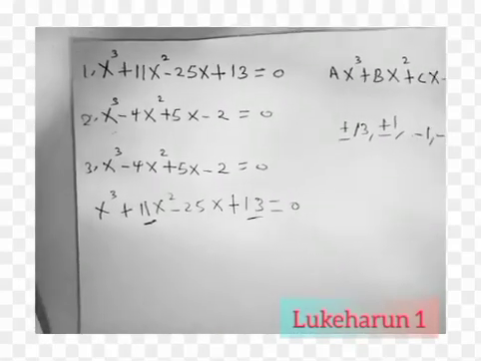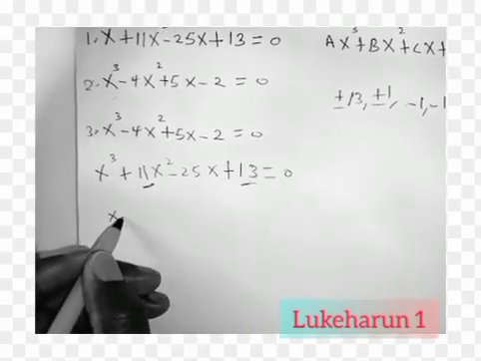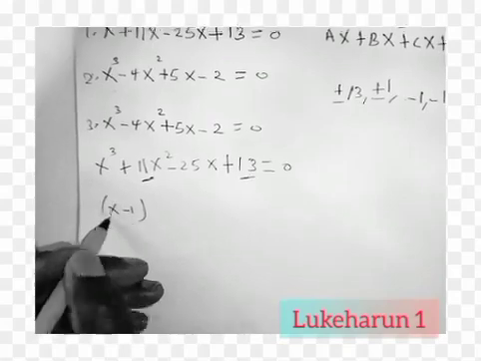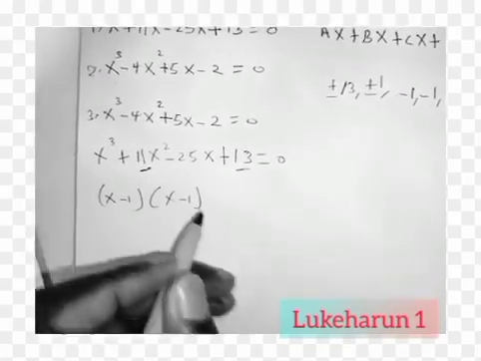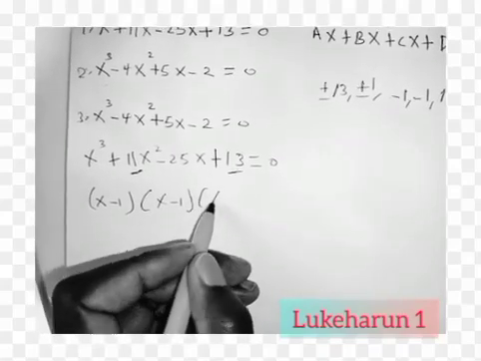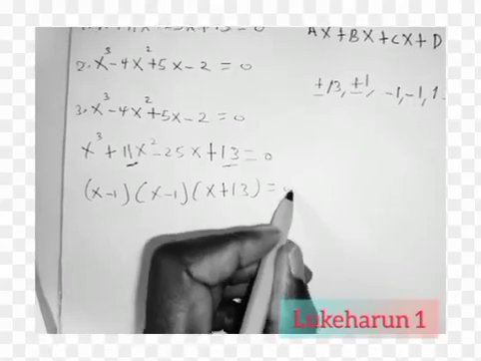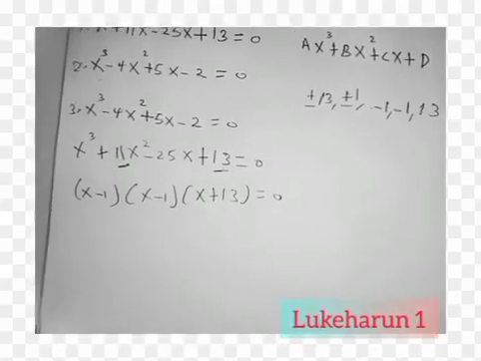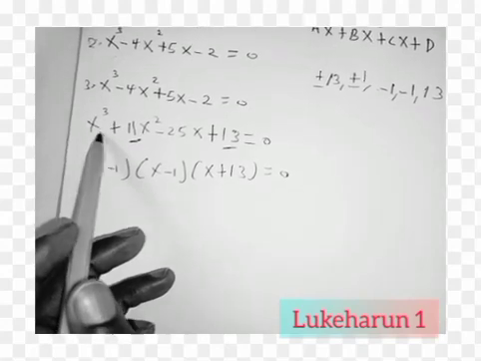So to factorize this equation, you have (x minus 1)(x minus 1)(x plus 13), which is equal to 0. Those are the factors of this cubic equation.